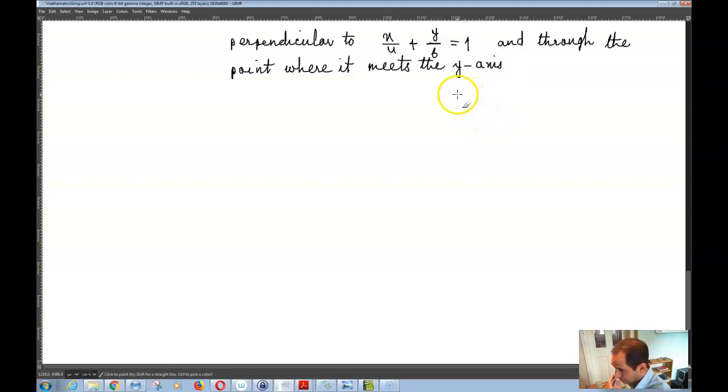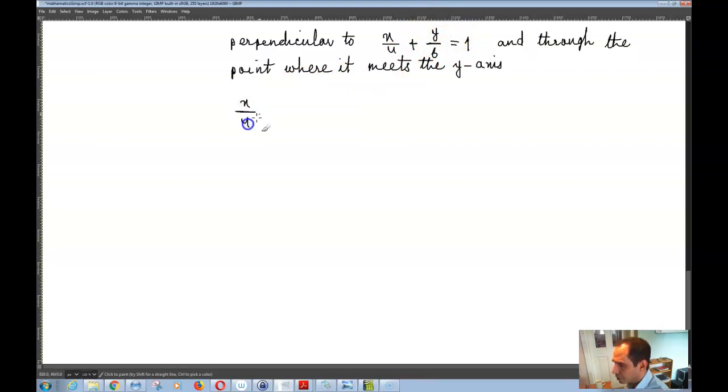So that means the line is perpendicular to this line, and through the point where this line meets the y-axis. So we need to find the y-intercept of this line, and you know that this number over here, 6, is the y-intercept of this line.